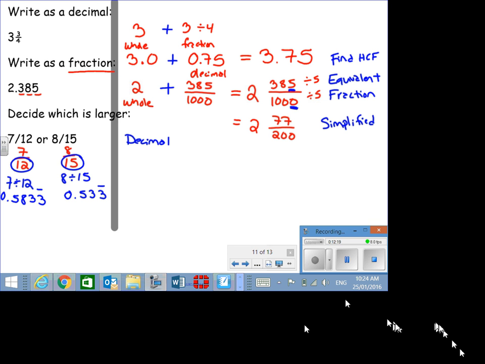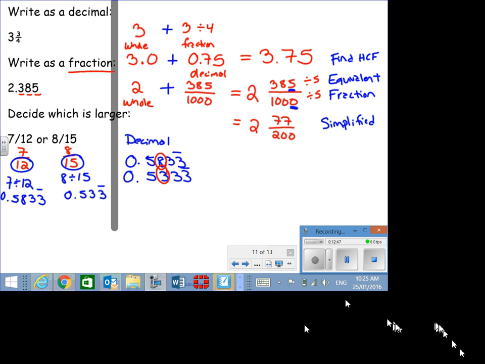So when I did this, I got 0.58333 repeating for 7 divided by 12, and 0.5333 repeating for 8 divided by 15. So if I put those next to each other, 0.5833 and 0.5333 repeating, notice that in the hundredths position, we have an 8 and we have a 3.